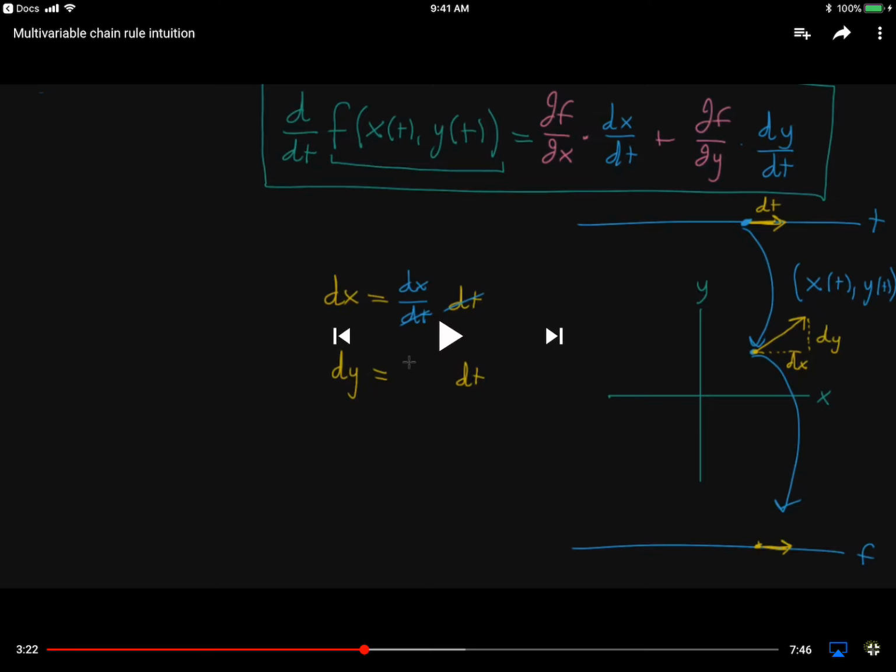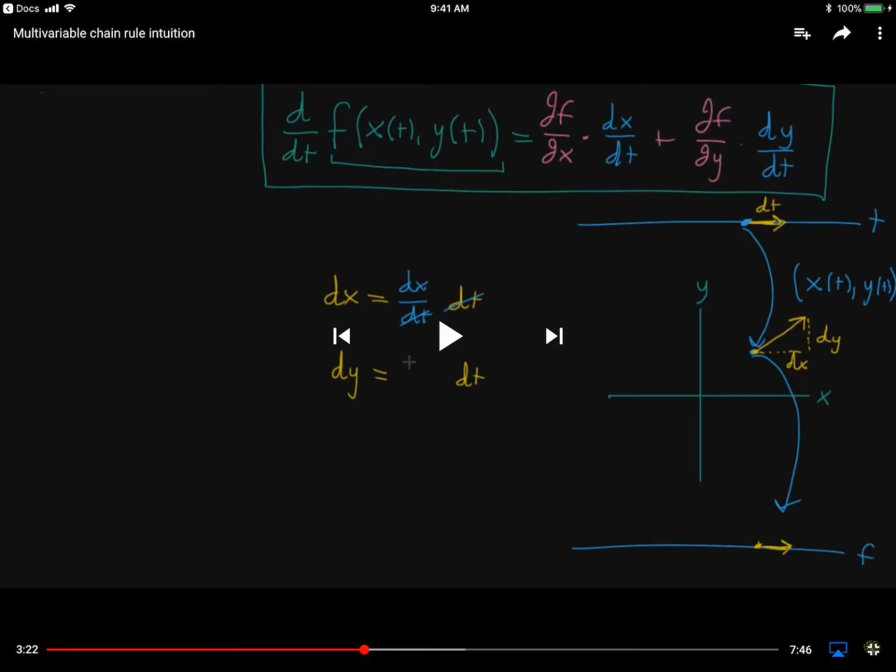Although it's still not a perfect derivation or a complete proof of why this should be true, it gives at least some understanding of why this multivariate chain rule should be true, because this overall gradient or change is decomposed into the sum of these two changes.